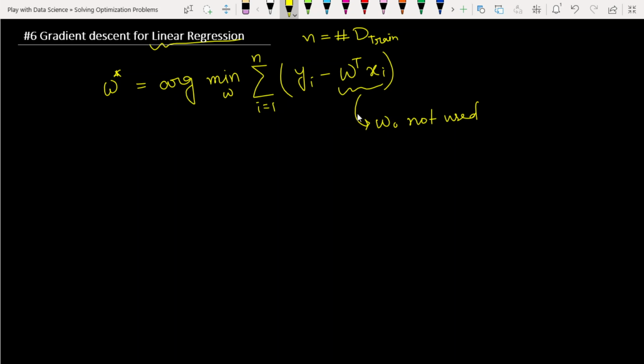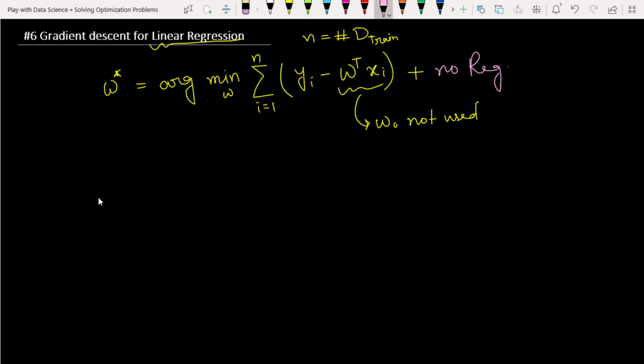I am omitting the intercept term, and I am also not using any regularization term, just to make the mathematics easier. If you are interested, you can put down the intercept term and the regularizer term, and it is the same calculation. Okay, let's come step by step.